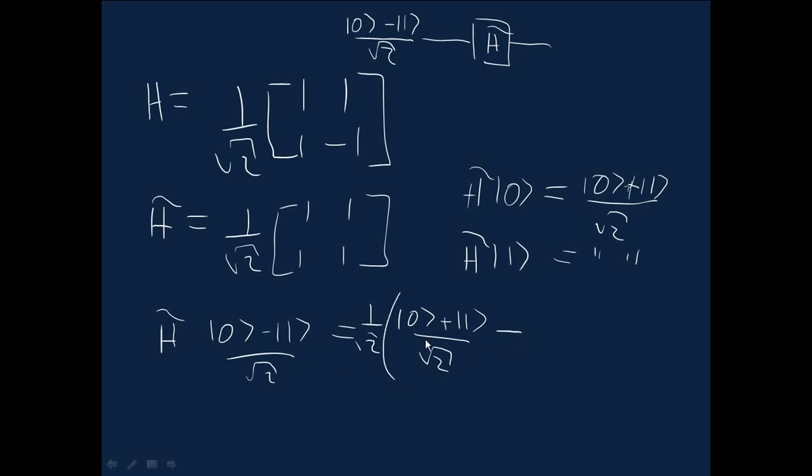So minus the same thing, (0 plus 1) over root 2. These terms cancel each other, and we're just left with 0, nothing at all. And remember, I said that quantum states have to be unit vectors. This is not a properly normalized quantum state.